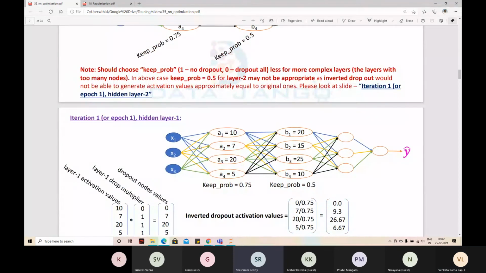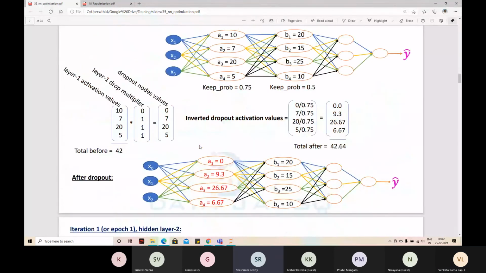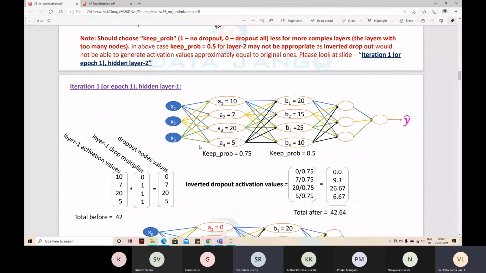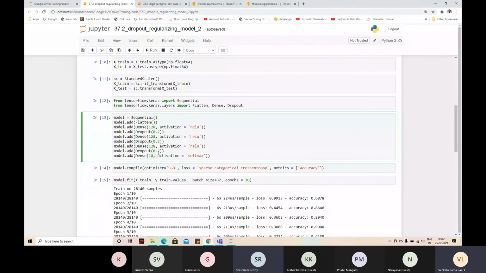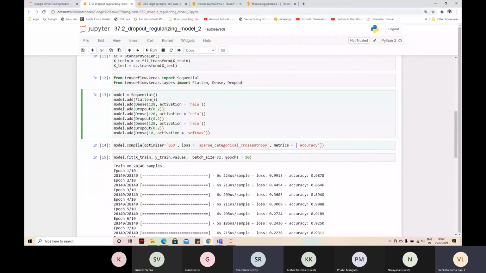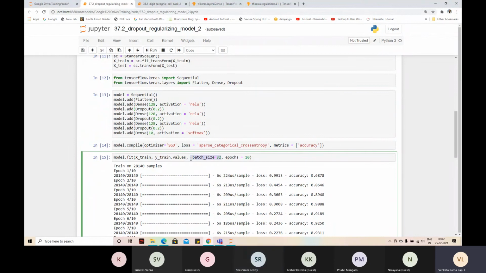Sir, in reality, the iterations will be only one, right? I mean, the epoch. Many iterations. See this network, many iterations in there. See epochs I said 10. If I took batch 32, in our data set, in the train set, I have 33,000 records. That means around 1,000 iterations will happen in each epoch.